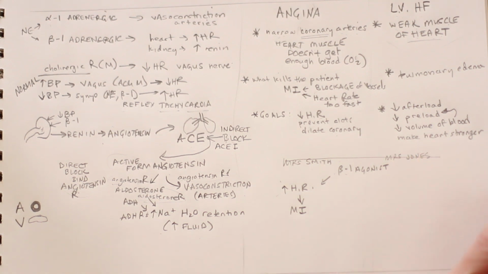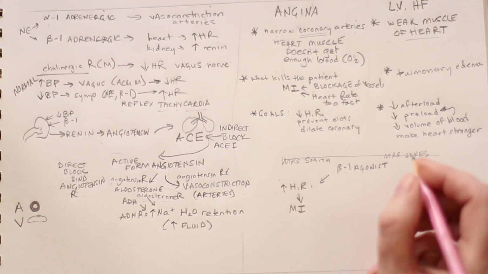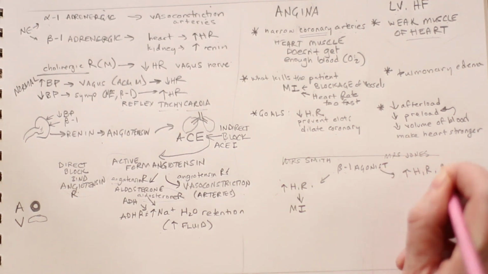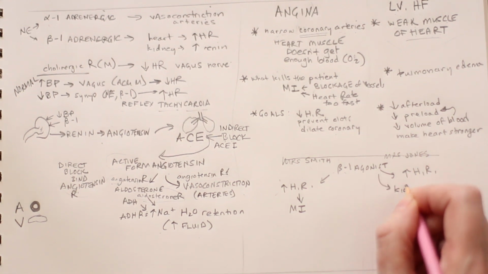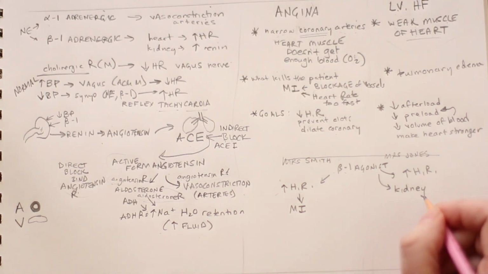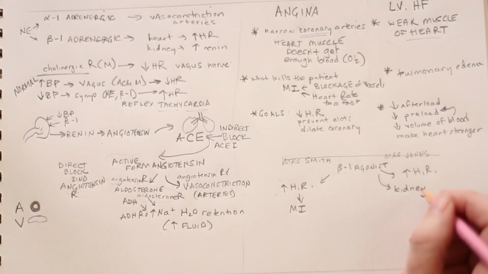Now, what about the patient with heart failure? Okay, well, let's think, again, what are the actions of beta-1? All right, so it can increase heart rate, all right? And it also has effect on the kidney, yeah? And in the kidney, normally you have an increase in angiotensin, and you normally have vasoconstriction and fluid retention, okay? If you're using an agonist, right?